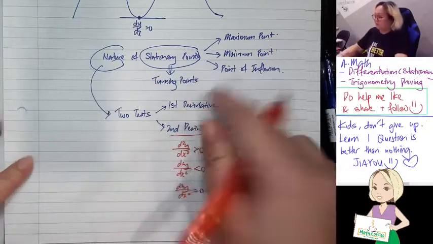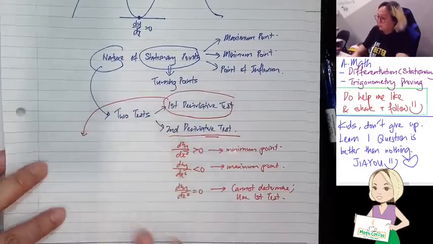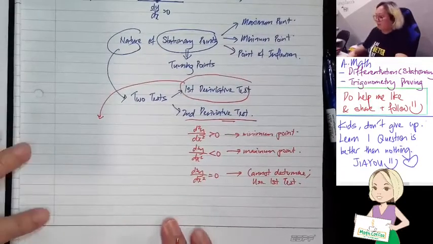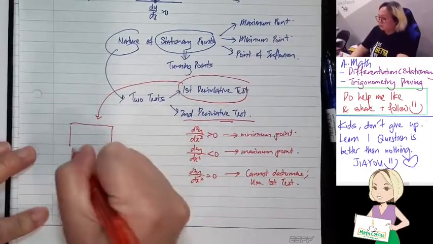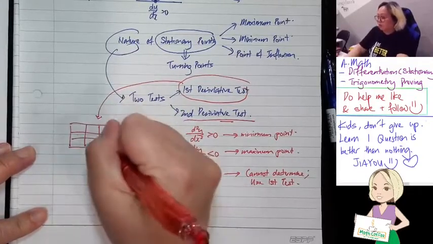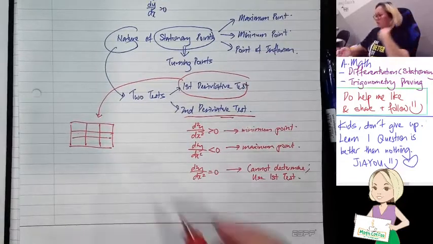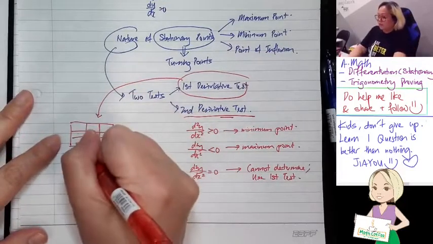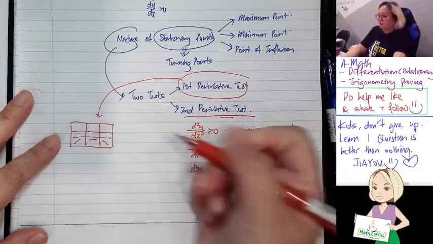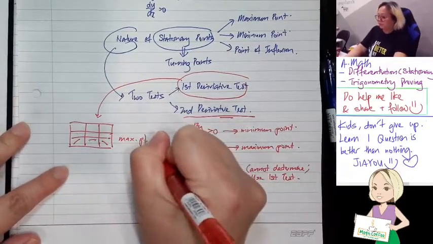For this first derivative test, usually what you need to draw is a table with 9 boxes. If you get this, it is a maximum point.